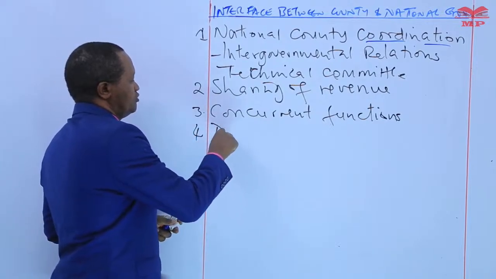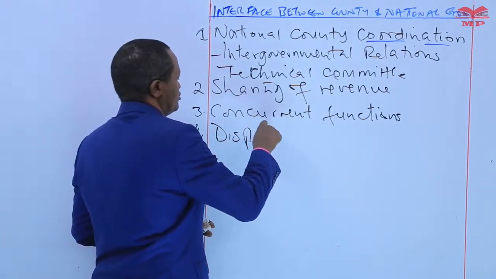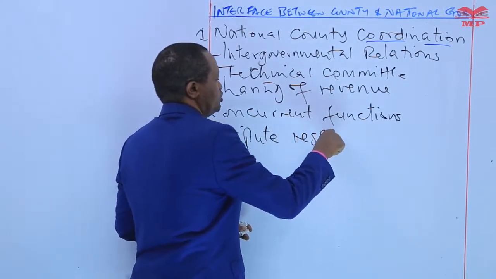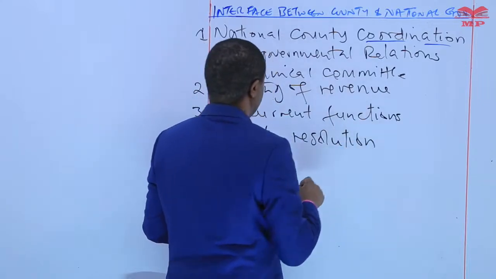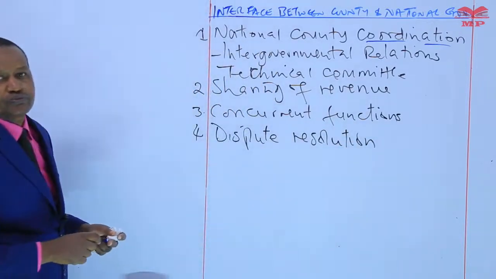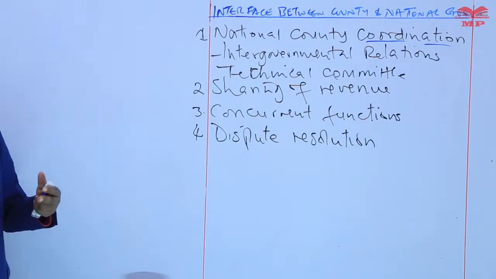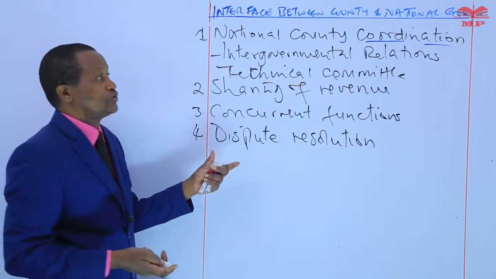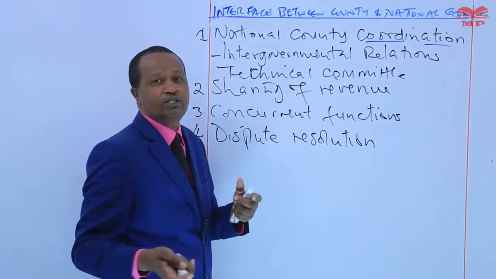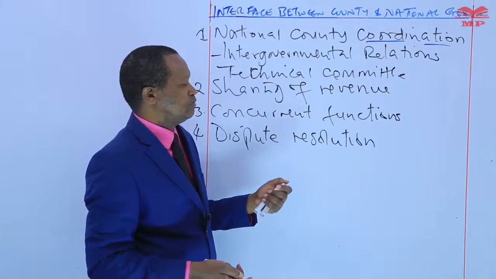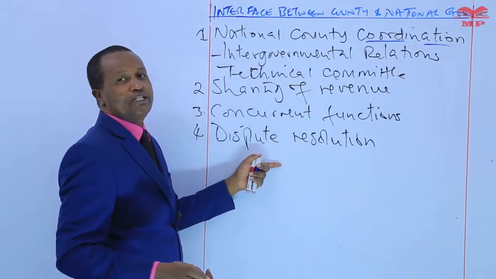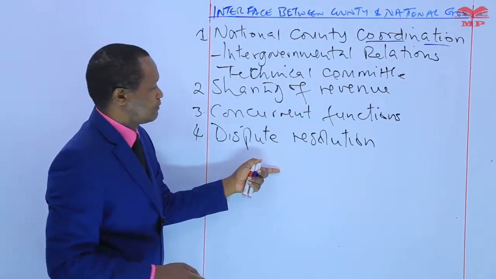Number 4, dispute resolution. The Constitution provides for mechanisms for resolving disputes between the national and the county governments, including negotiation, mediation, and ultimately through the courts.